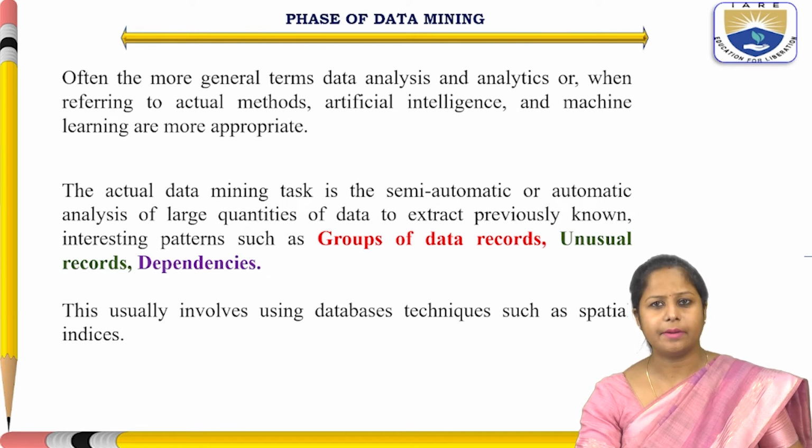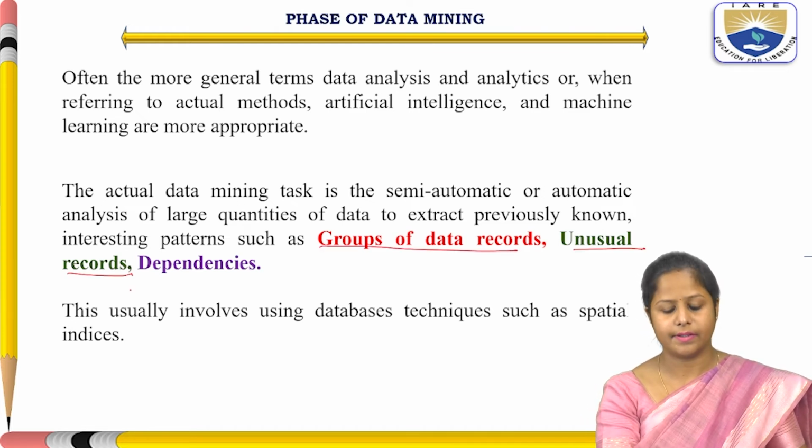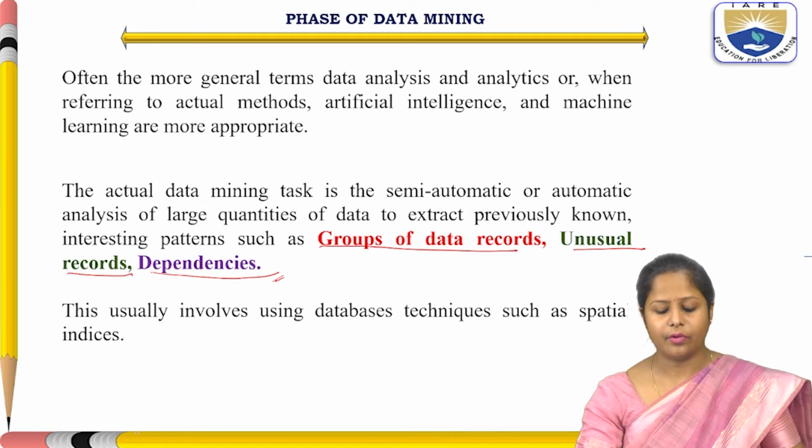So, the actual data mining task is the semi-automatic or automatic analysis of large quantities of data to extract previously unknown interesting patterns such as groups of data records, unusual records, and dependencies. This usually involves using database techniques such as spatial indices.